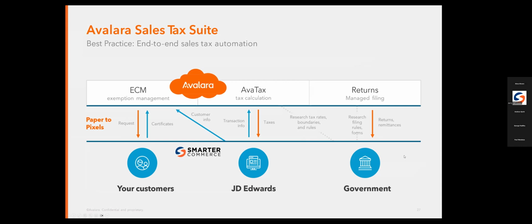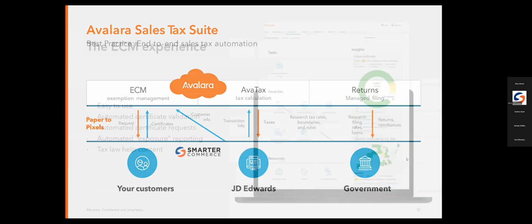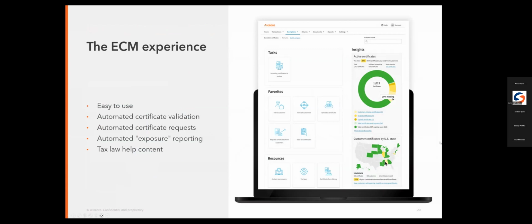So it's the source of truth. You maintain the certificates there, but more importantly, the software knows where to exempt them based on whether you have a good certificate on file at the time of invoicing. So it takes a big portion of that manual work off your plate. I'm going to show you this in a few minutes, but this is the ECM dashboard.